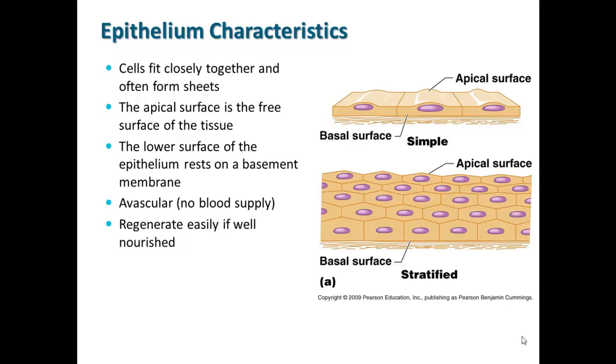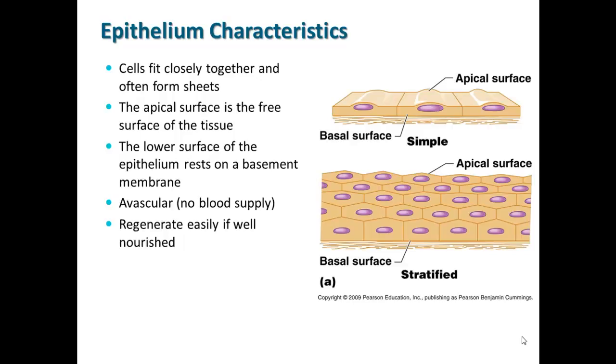So let's look at some of epithelium's characteristics. Epithelial cells that cover and line structures are attached closely together to form sheets of cells. The apical surface is the very outer surface of the body's exterior, or is a surface that contacts the lumen or cavity of an internal organ.